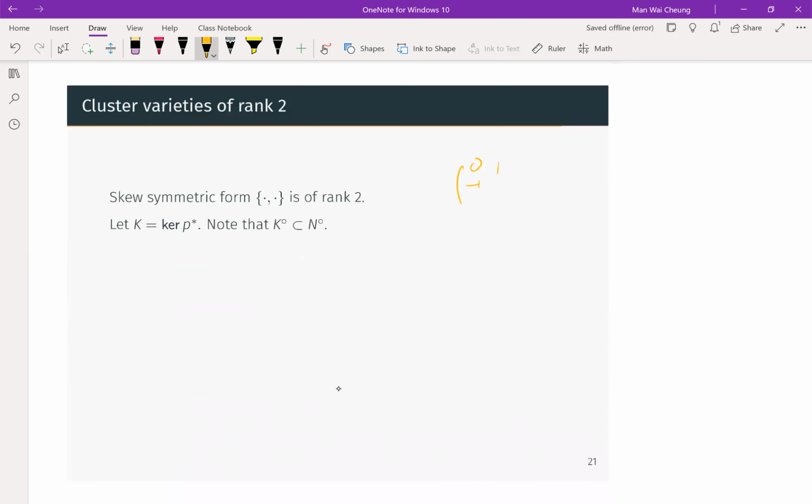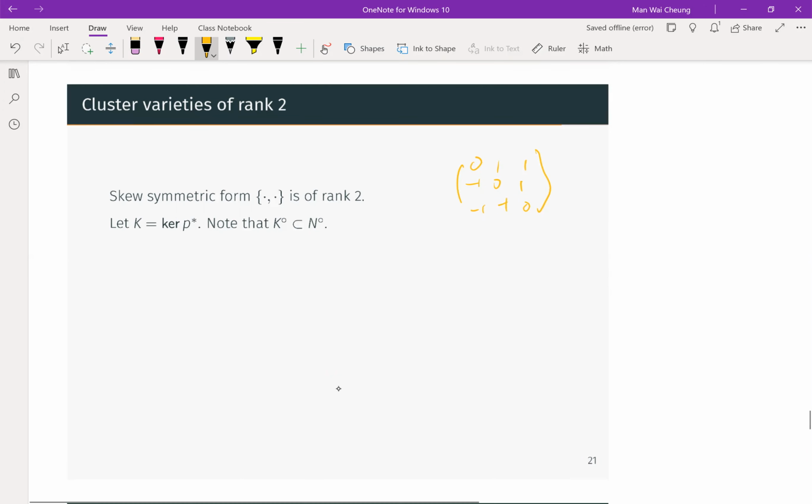You might have something like this. This is rank 1 actually. Let me add one more. It's kind of a 3-dimensional thing, but we'll say this is rank 2 because the rank of this matrix is 2. So what we are going to do is we look at the kernel of this matrix.